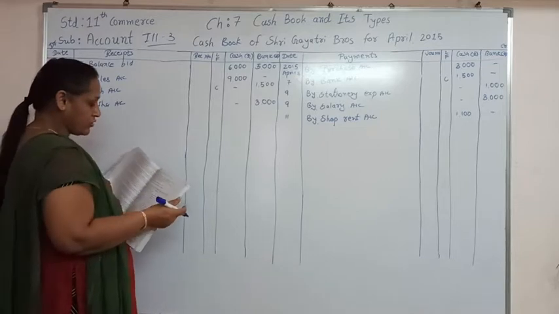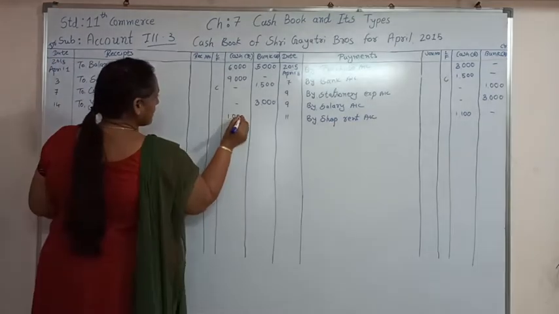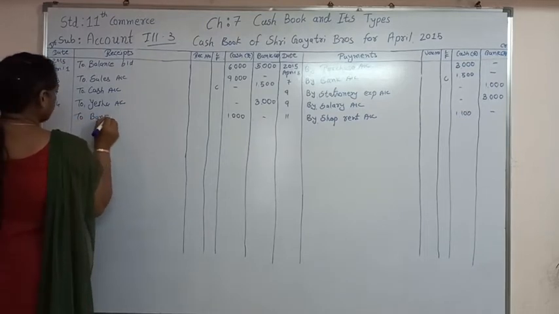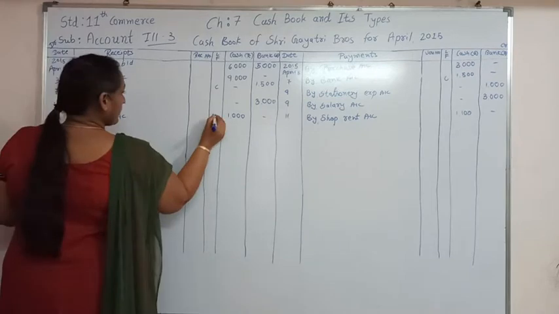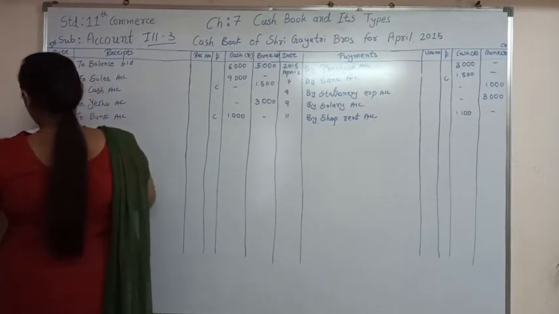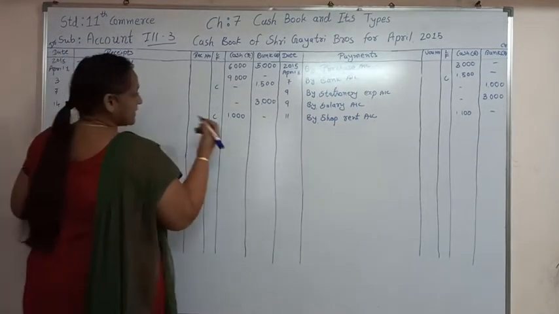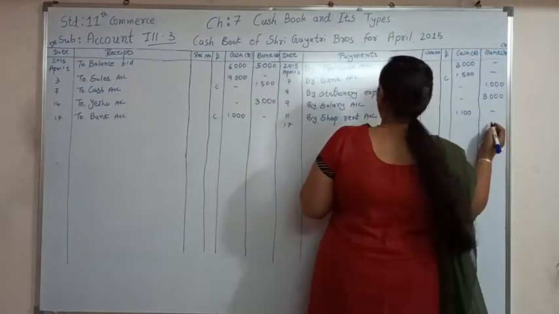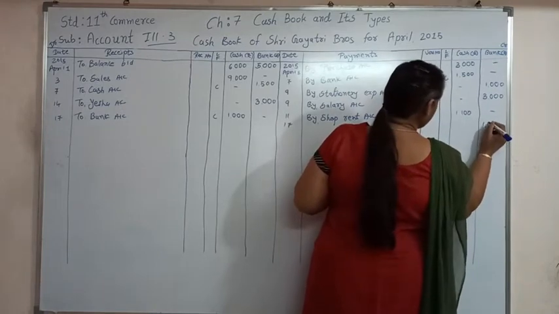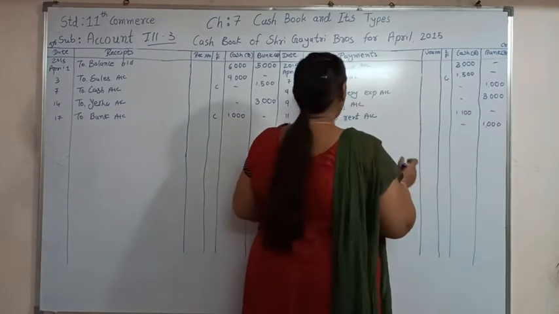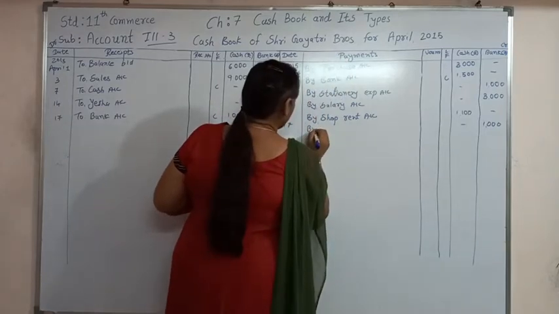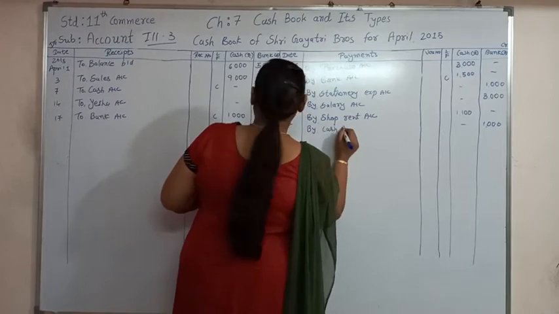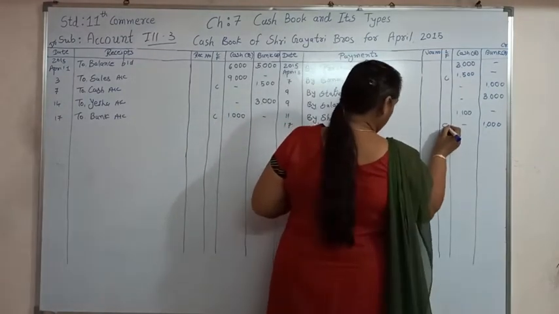So the cash account is going to be debited 1,000 rupees, and here we are going to write to bank account, and here we will write contra transaction on date number 17. And the same transaction, as it is withdrawn from the bank, on the credit side we are going to write in the column of bank, and here we will write by cash account. So this is called a contra transaction.